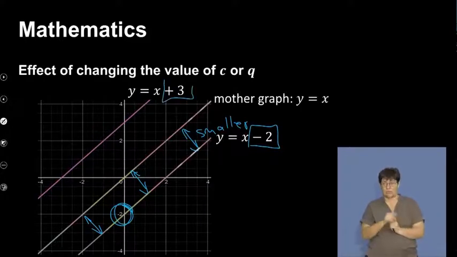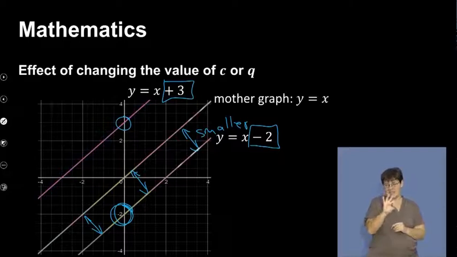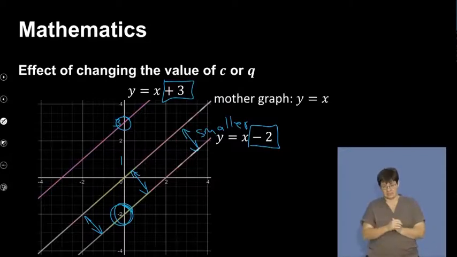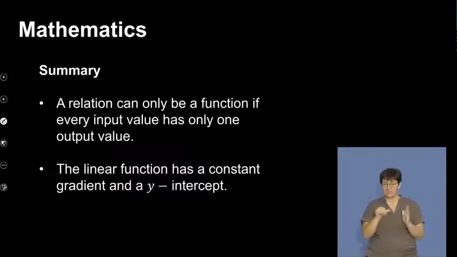But this is positive 3, so it must cross at 3. So the midpoint between 2 and 4, you can see there is 3, although this is in a scale of 2, right? So this is 1, 2, and then 3, 4 like that. So you can see it is actually crossing at that particular 3 there, which is important for you to know.